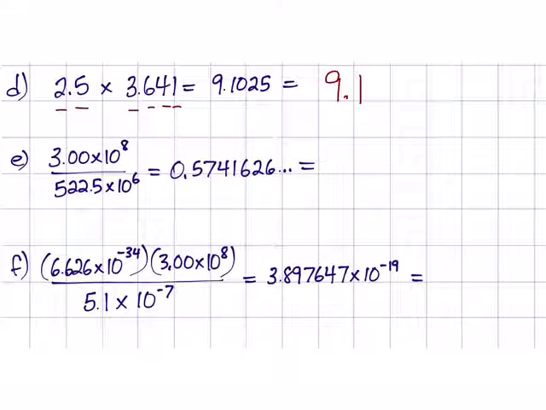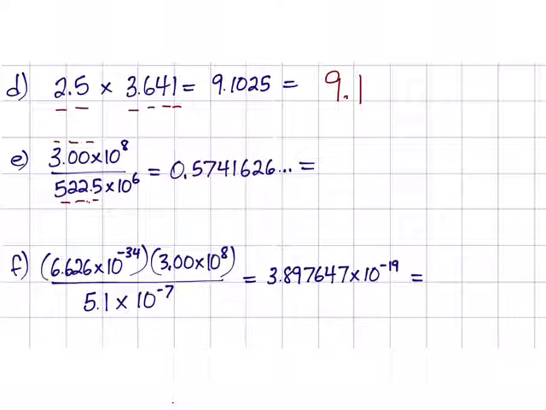Part E, you're taking what looks like a question from the first unit of grade 12 chemistry. 3.00 times 10 to the 8, of course, that's the speed of light. And you're dividing it, this could be, for example, a frequency that you're dividing by. And this answer would be the wavelength. Now, 3.00 times 10 to the 8 has 3 significant digits, 3.00. 522.5 has 4 significant digits.